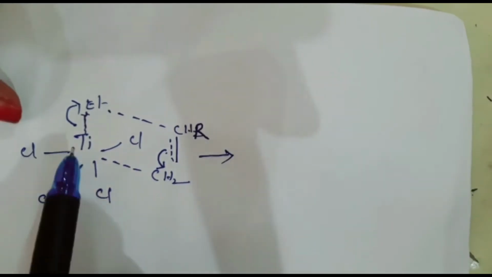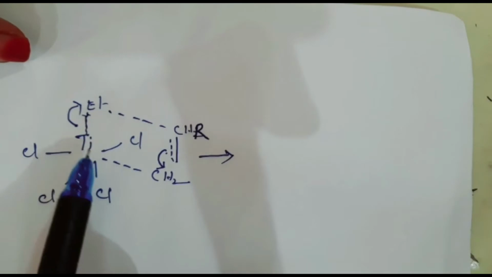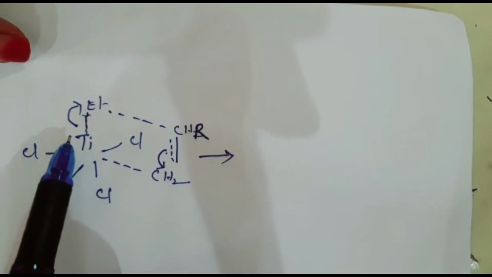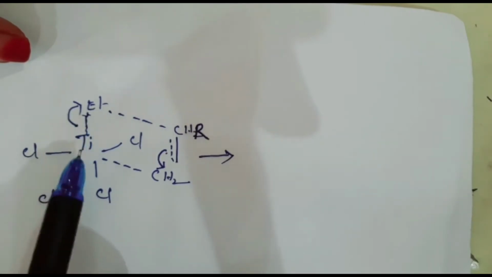So how can we write this? The titanium-ethyl bond will be broken, as this CHR is attached to the ethyl group. This bond is weakened and becomes titanium and ethyl, because the titanium-ethyl bond will be broken.